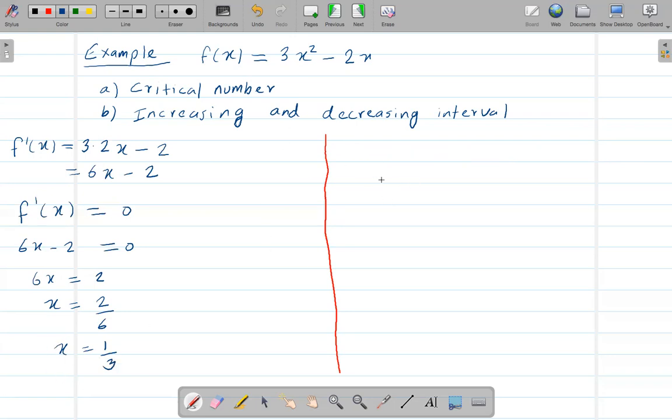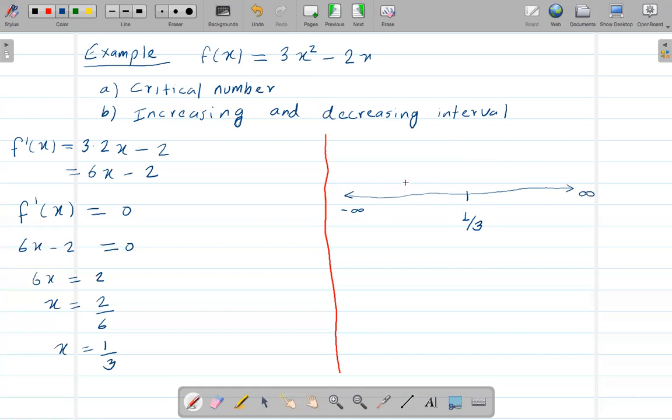So now, how do you find increasing and decreasing intervals? We found a critical number, 1 over 3, so I can plug that here. We can pick any point in each region. This goes to negative infinity, and this goes to positive infinity.